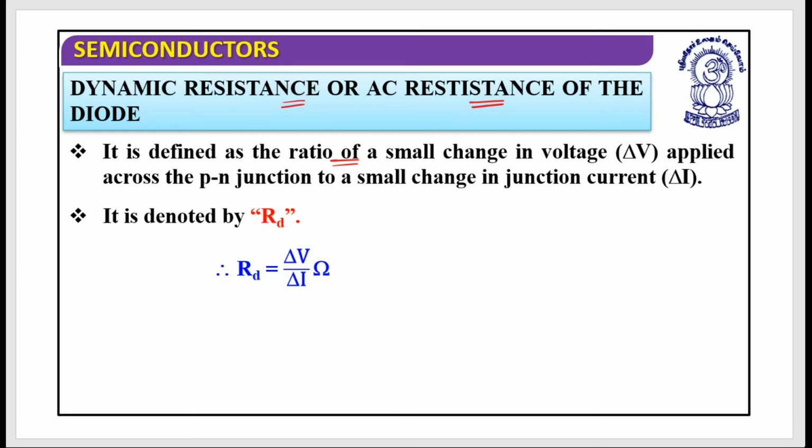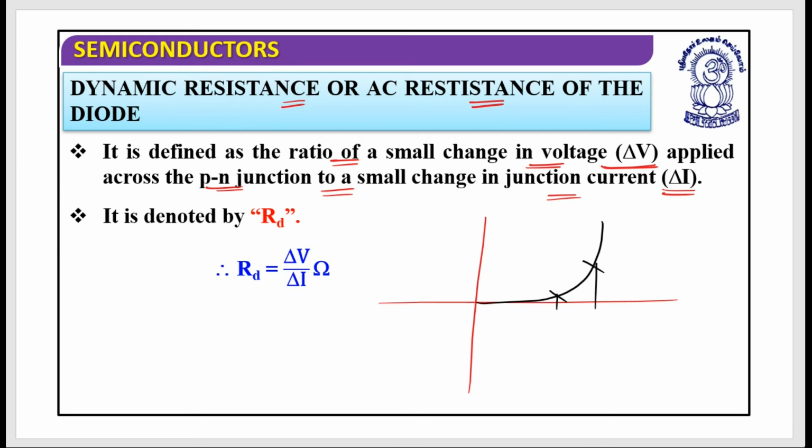Basically, it is defined as the ratio of a small change in voltage, delta V, applied across the PN junction to a small change in junction current, because as you have seen in the characteristic, it is something like this. So this is a very small change in delta V, but there is a change in the current.